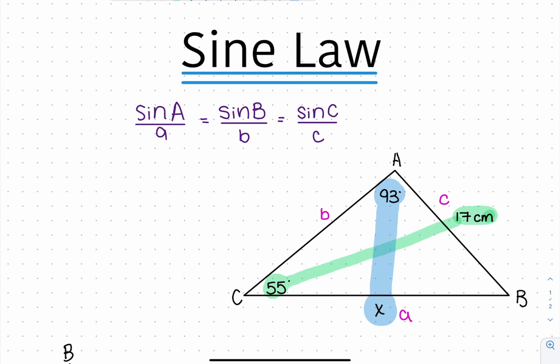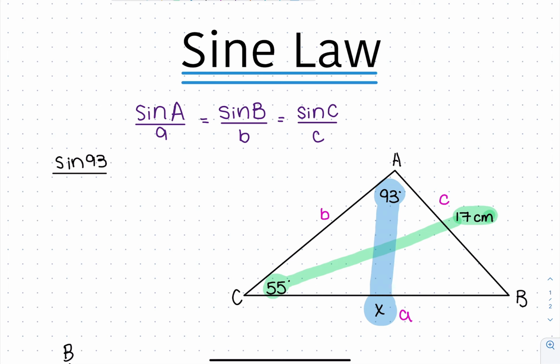So let's put this into practice. If I want to start, let's just look at this one. I have B and B, but I don't know anything about them, so we're going to just leave those. I do, however, have an A over here, and I know the angle of A is 93. So we can say, well, I know sine of 93 degrees, and over top I need to know little a.